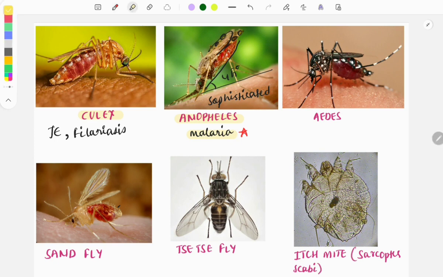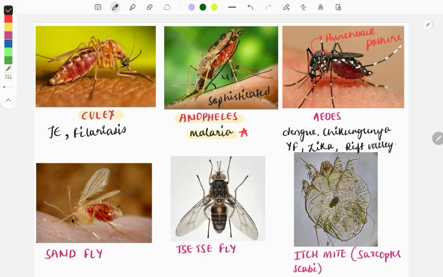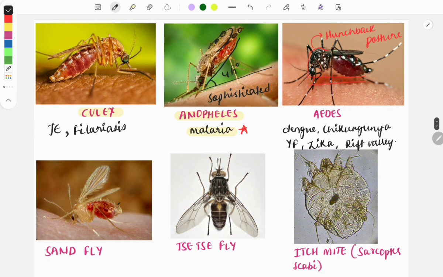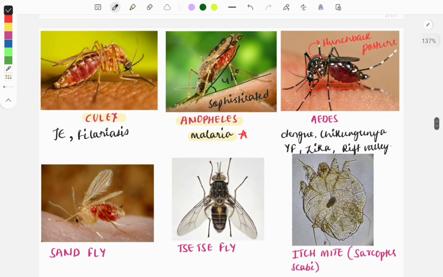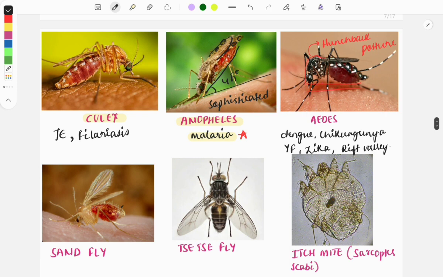Then let's move on to the next image. In this image you can see a mosquito sitting with a hunchback posture. It is sitting parallel to the skin, but its neck is bent. This mosquito transmits a lot of disorders like dengue, chikungunya, yellow fever, Zika, and Rift Valley fever. These are the disorders transmitted by this Aedes mosquito.